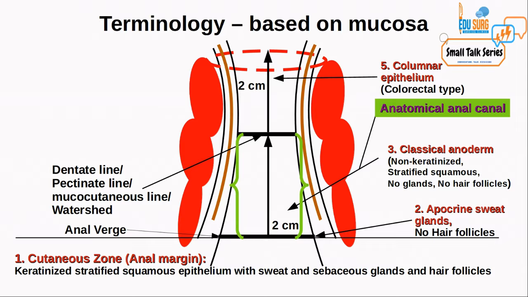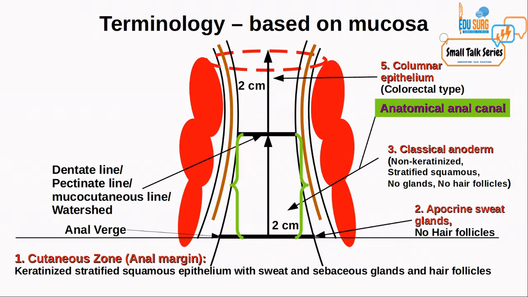And that is why only the anal canal, which is lined by the classical anoderm, is known as the anatomical anal canal. So it is only the lower 2 centimeters of the anal canal which is known as the anatomical anal canal. This is the part of the anal canal between the dentate line and the anal verge.